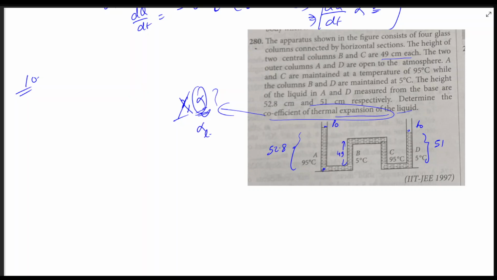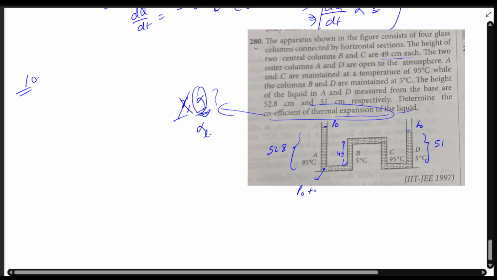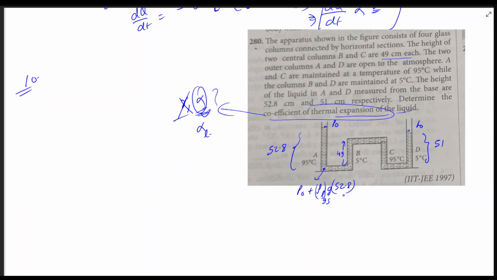So here the pressure will be P naught plus rho of liquid at 95 degrees, G into H, which is 52.8. I'm taking everything in centimeters, so it will eventually get cancelled. Now the pressure here and here will be the same.